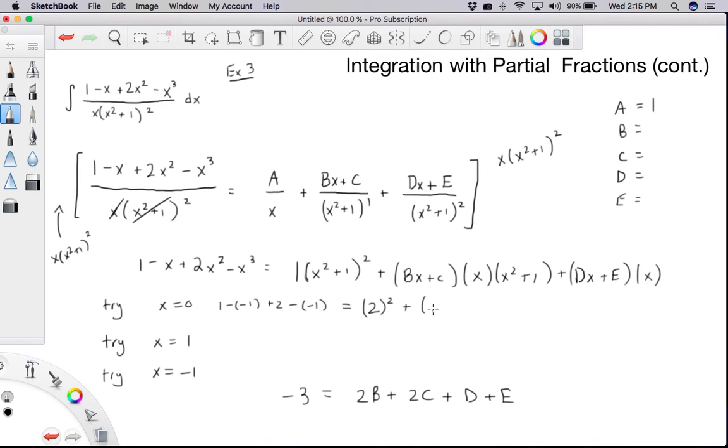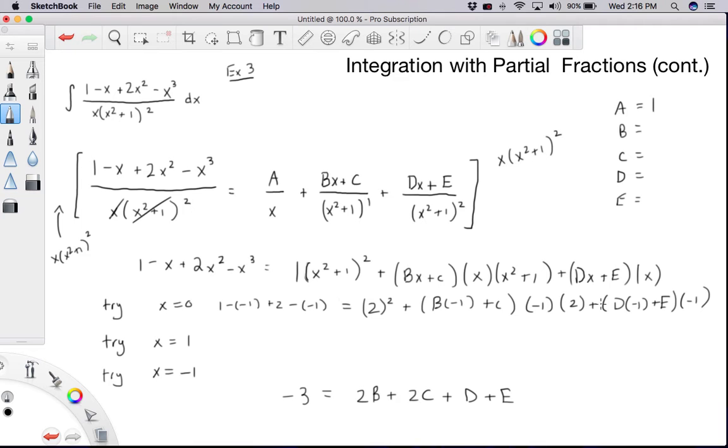plus b times negative 1 plus c times negative 1 times 2 plus d times negative 1 plus e times negative 1.